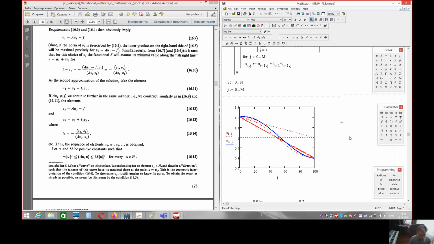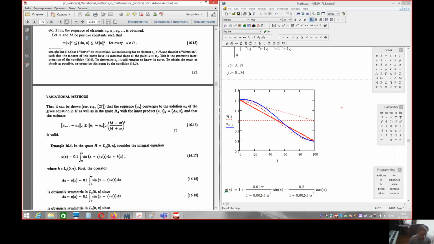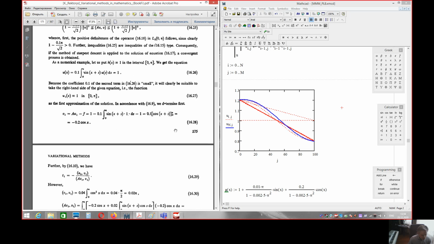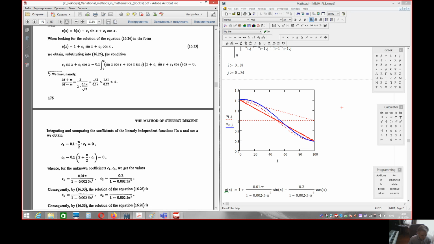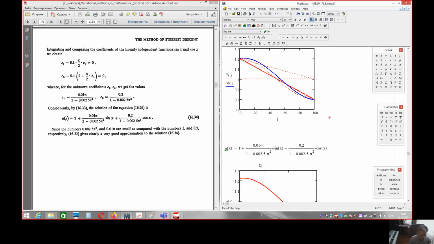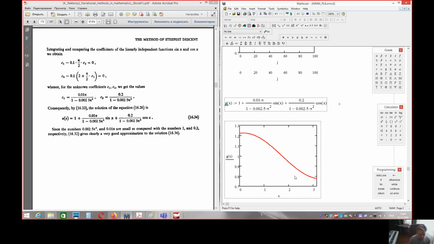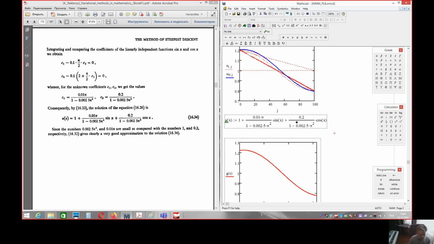And let's compare it with the solution of this problem from the textbook. Here the solution is given by this formula, so let's use it and let's construct the graph for this function.